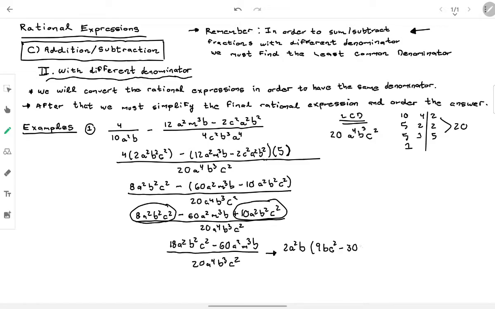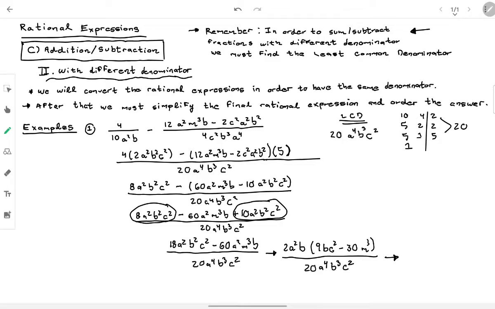A squared to become A squared, we don't need anything. Then B to become B, we don't need anything. And finally, we need M cubed. All of it will be divided by 20 A to the 4 B cubed C squared.